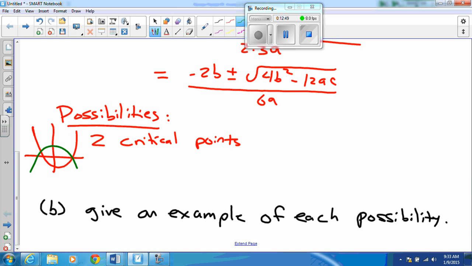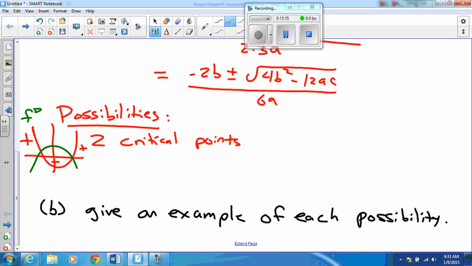And in both cases, what do you notice about the sign of f prime? What does it do? It changes from, what's the sign of f prime over here on the red one? This is f prime right here. It is above the axis.